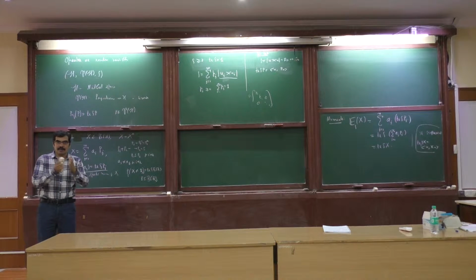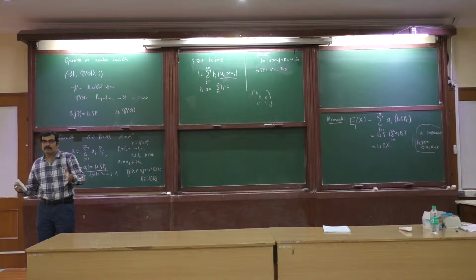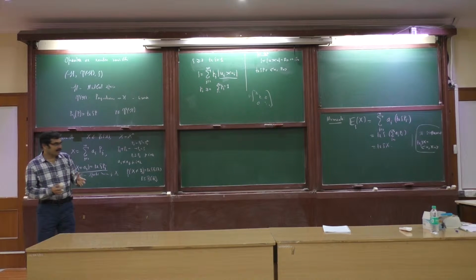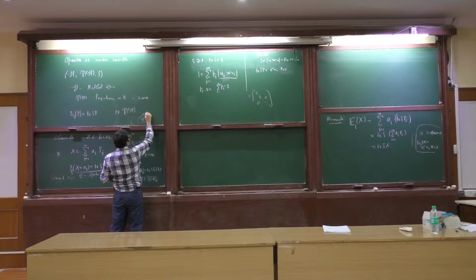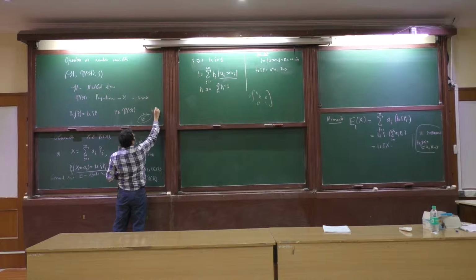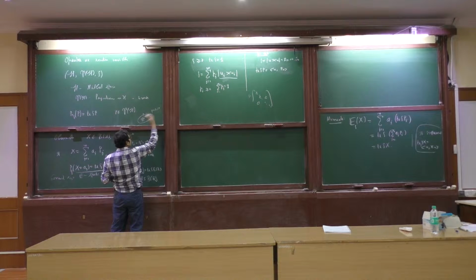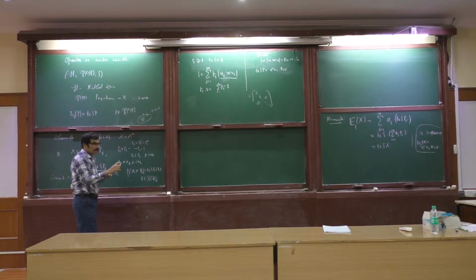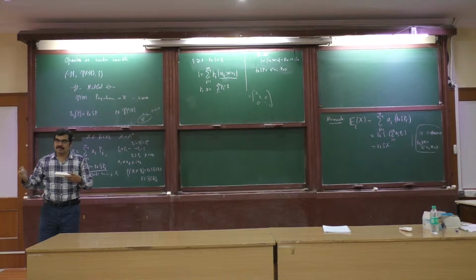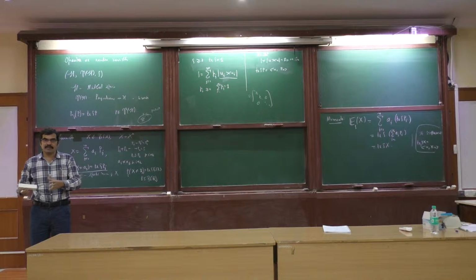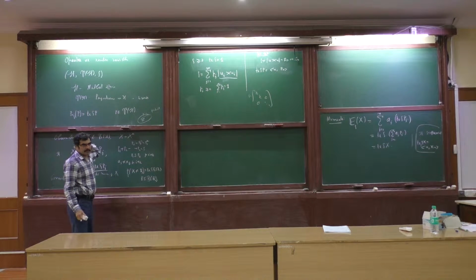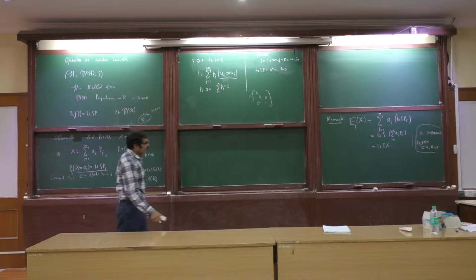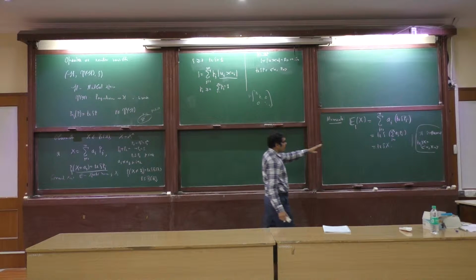It is like an event p: it is 1 with probability trace rho p, and 0 with 1 minus that. And the expectation of that is that probability itself. So you get trace rho p. So the expectation of x is trace rho x.